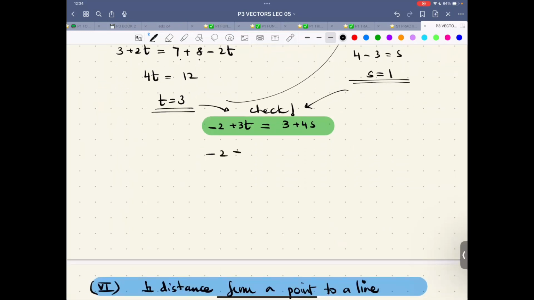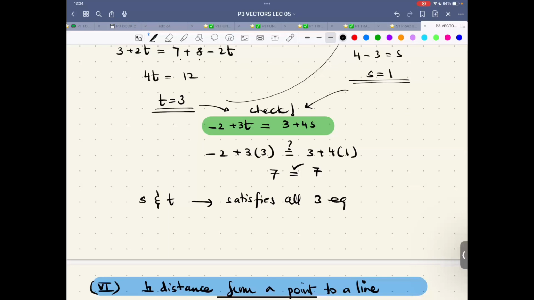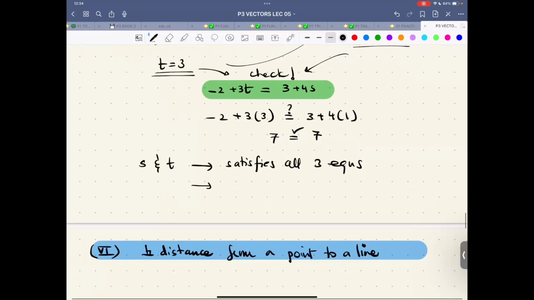So minus 2 plus 3 times 3, is it equal to 3 plus 4 times 1. This is 7. 9 minus 2 is 7. Yes, it's equal. Therefore, s and t, the parameters, satisfy all three equations. Therefore, the conclusion is lines intersect.